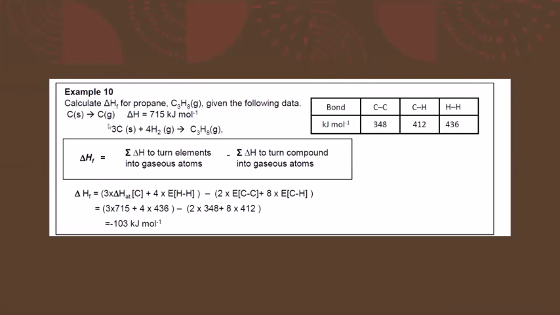Now in this question, the enthalpy change of formation of propane, C3H8, given the following data. The energy to convert solid carbon into carbon gas is given: 715.